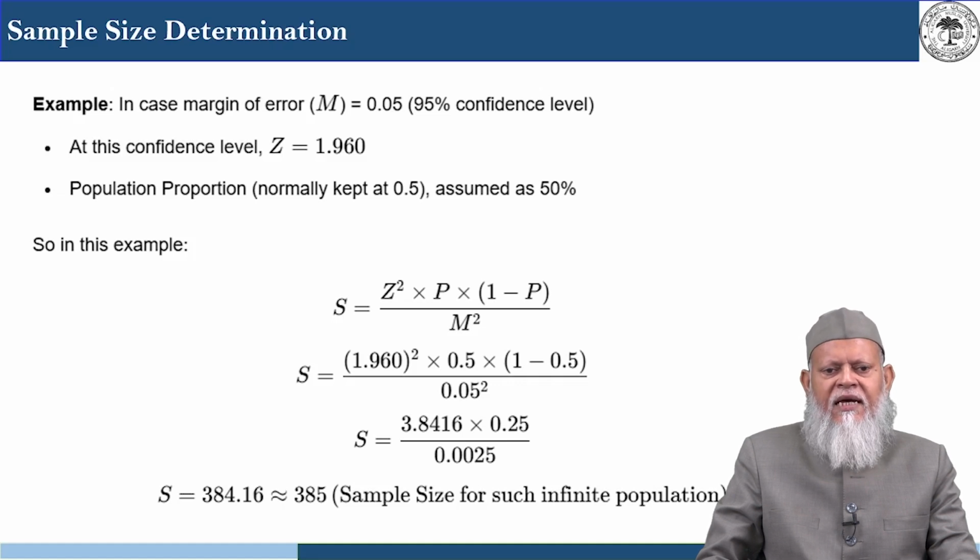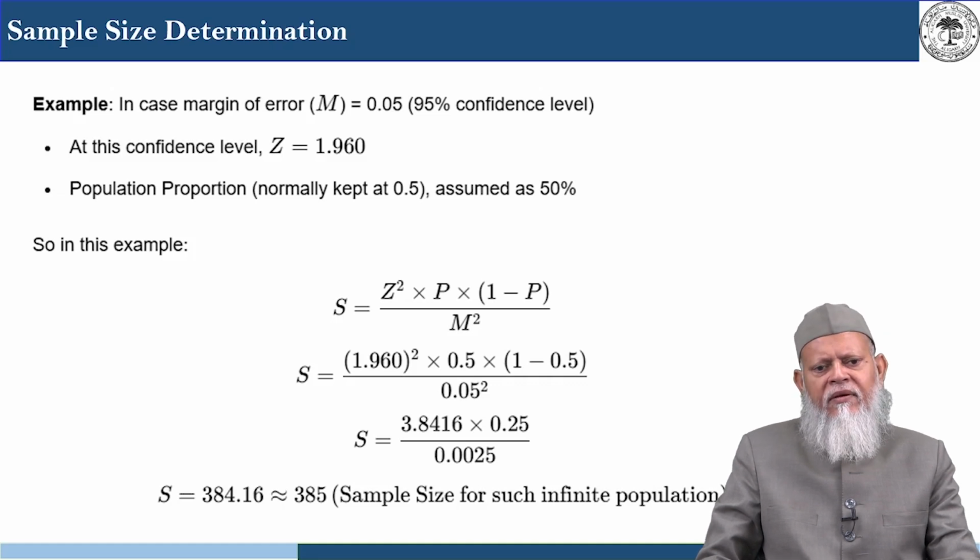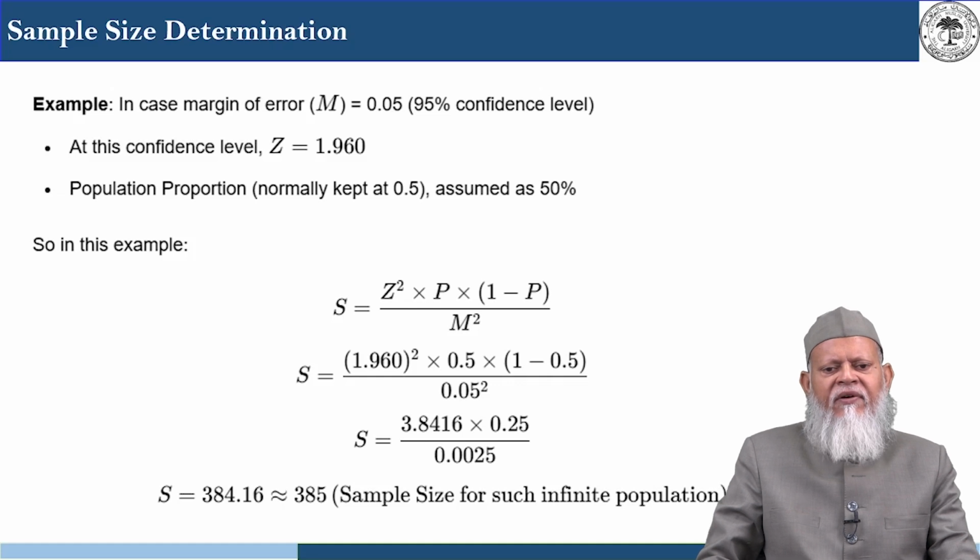In our example, the error is 5%, that is, at the 95% confidence level, 0.05 would be the margin of error, whereas for the confidence level we find from the table that Z is equal to 1.960, and the population proportion, which is normally kept at 0.5, is assumed at 50%.